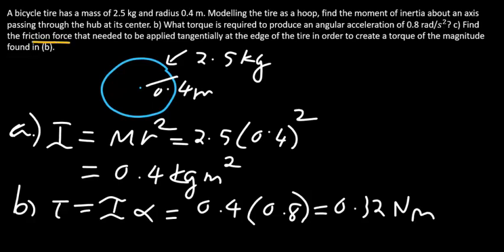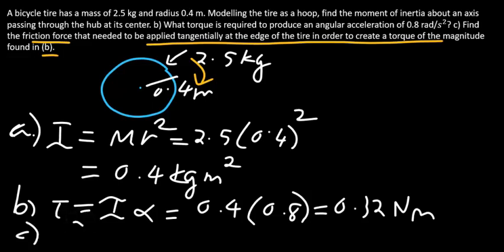Part C. Find the friction force that needs to be applied tangentially at the edge of the tire in order to create a torque of the magnitude found in B. So this friction will tend to stop the rolling of the tire. So you have to apply a torque in the opposite direction, and that torque comes from the friction force.